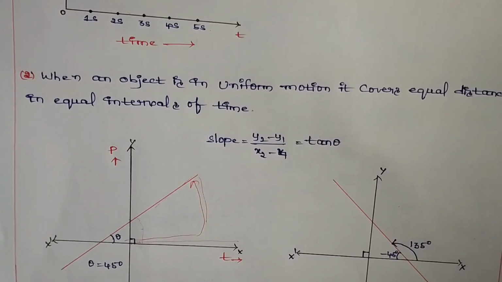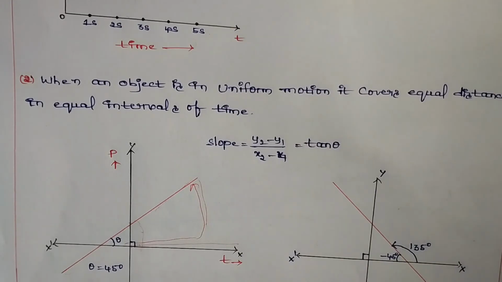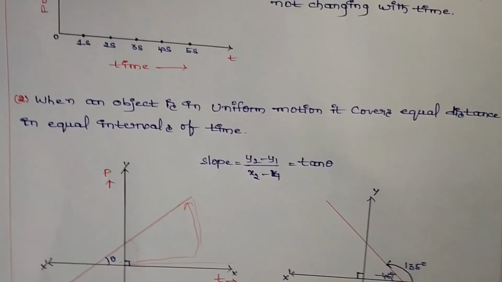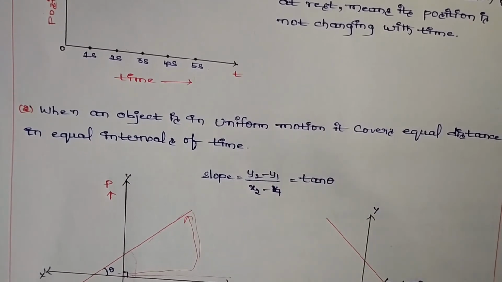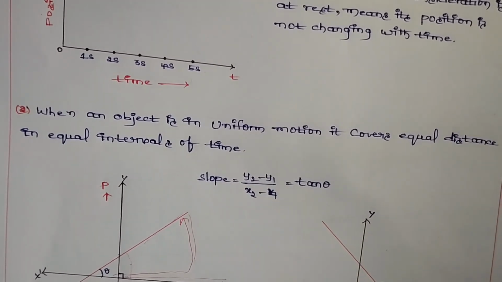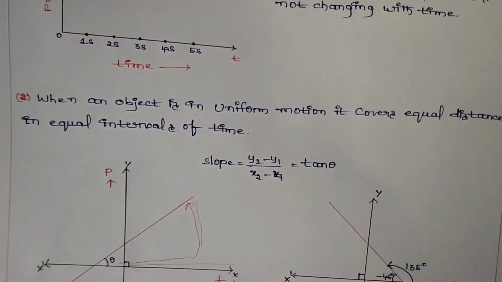In the last graphs video, we already discussed that slope is a number which gives both the direction and steepness of the line. Here the slope is nothing but tan theta.